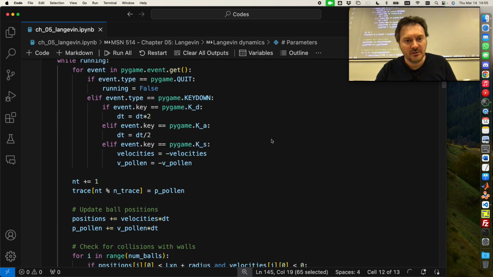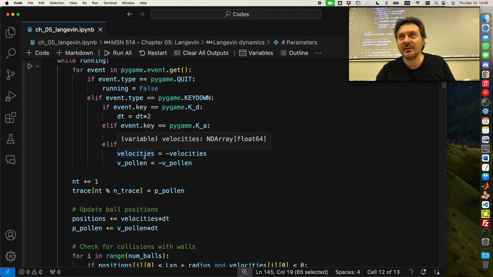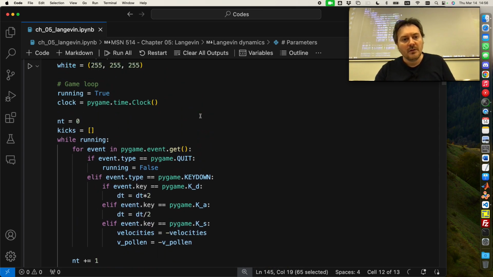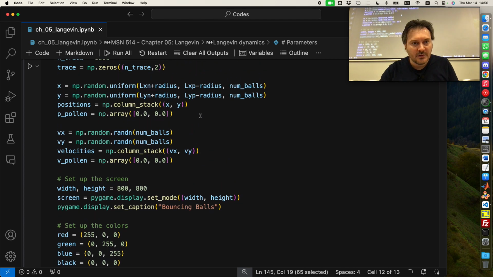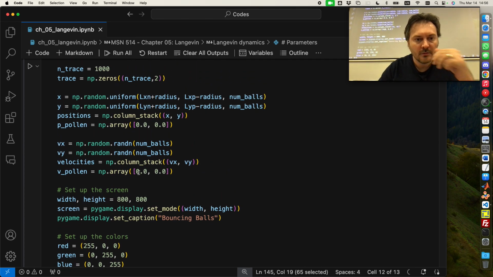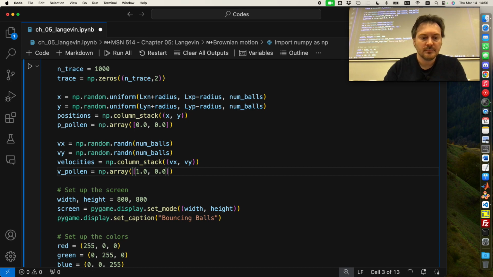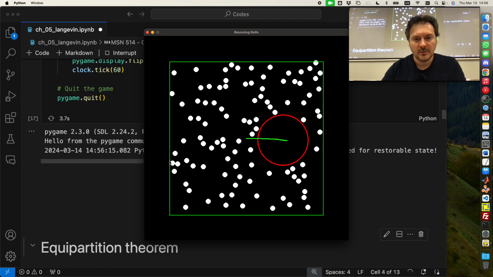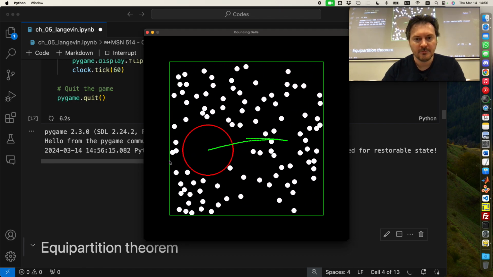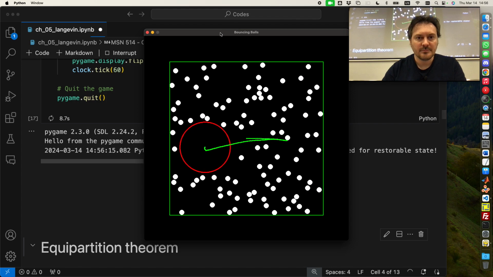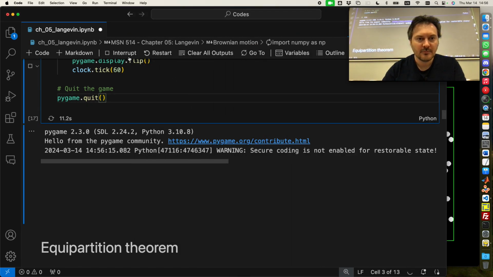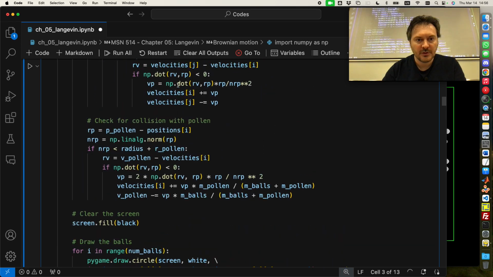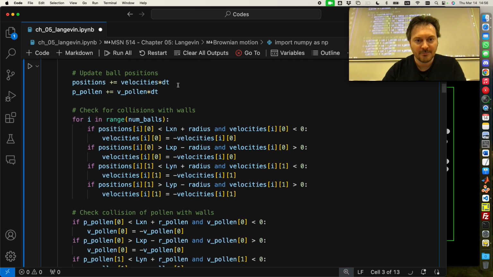In the Brownian motion code, we have dt over 2, and this is time reversal. Do you see? Everything reverses velocities. So let's have some initial velocity. Let's say 1. Oops, no. Let me put another thing to stop time.